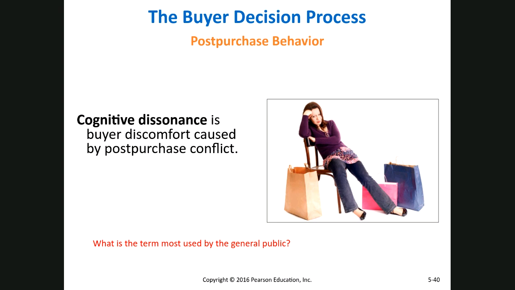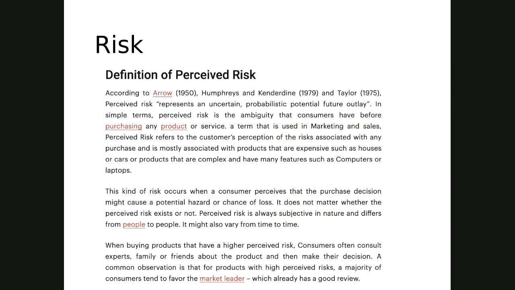Buyer's remorse, right? So during the post-purchase behavior stage, people can have buyer's remorse for a number of reasons. They're dissatisfied because it doesn't do what they think it'll do. They spent too much money. They shouldn't have bought the stuff out of season or whatever.